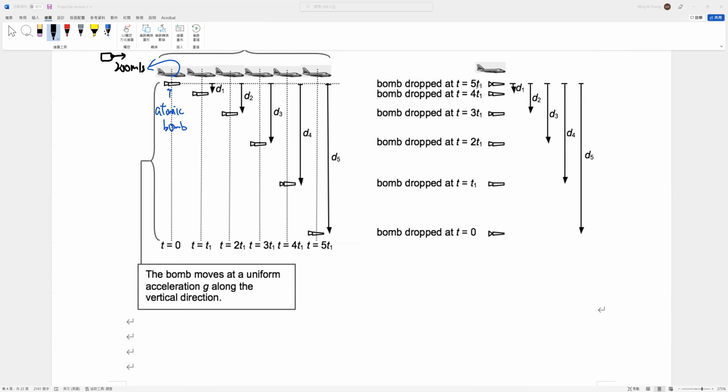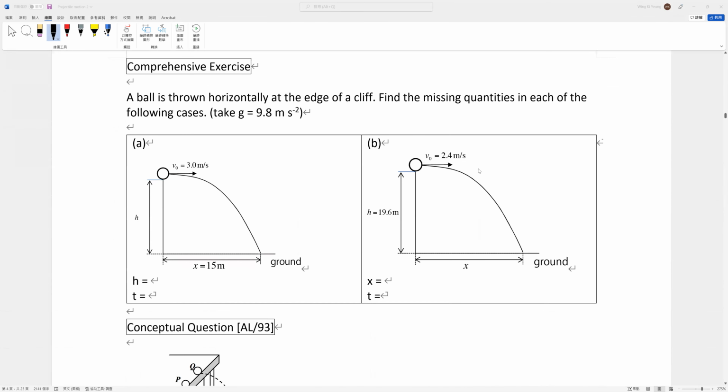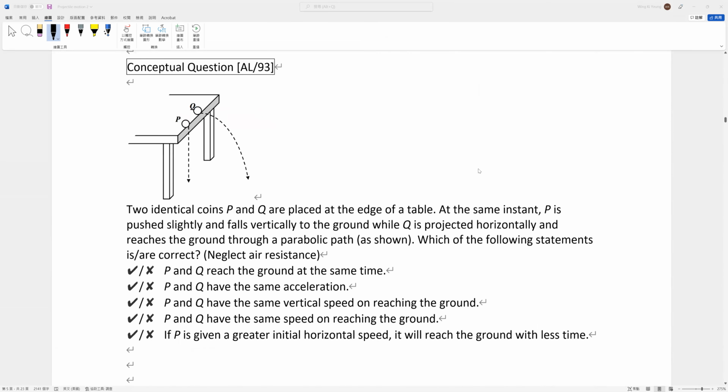Okay, take a look at this question. I'll give you some time to do it, then send me your answers, like true, false, true, true, false.